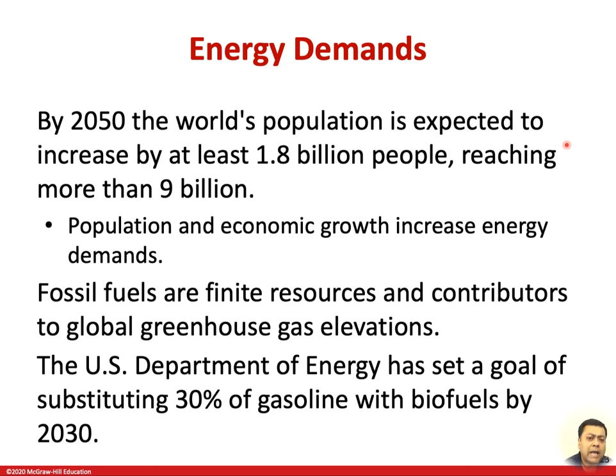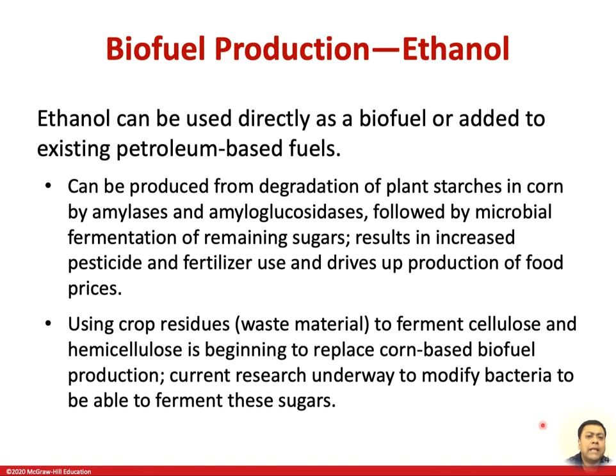To do that, you have to find some alternative fuel. And you all know that electric vehicles are already being made. But there are some others, like ethanol and hydrogen. The US Department of Energy set a goal of substituting approximately 30% of gasoline with biofuels by 2030. So what does this mean?